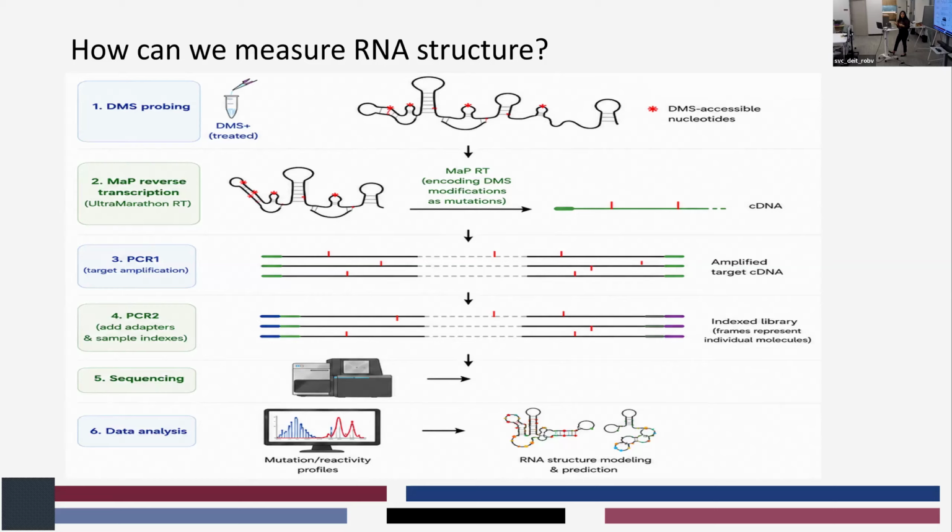In contrast, a low mutation rate means that this nucleotide or region was in an RNA structure or was paired. Then this DMS reactivity data is input into a modeling algorithm. The algorithm builds a model of RNA structure based on this data.